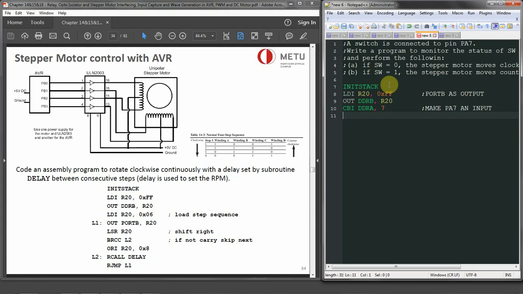Then we can start with the phase value. LDI R20, 0x06 again, and we send it to port B, R20.